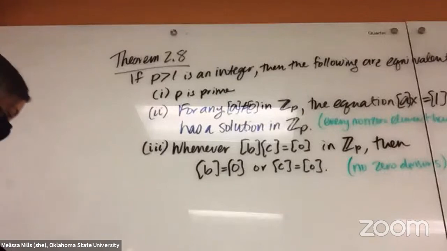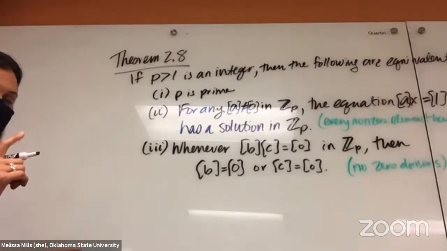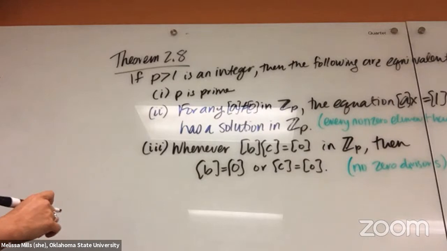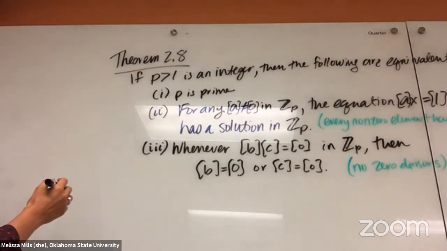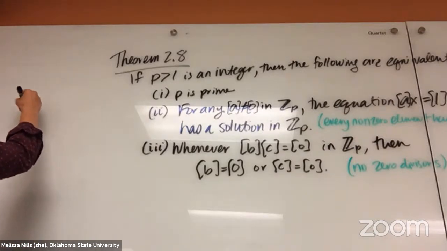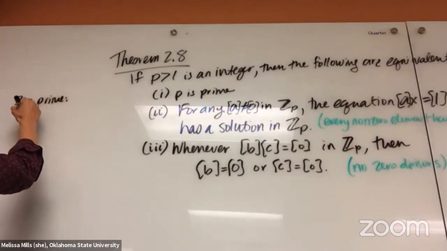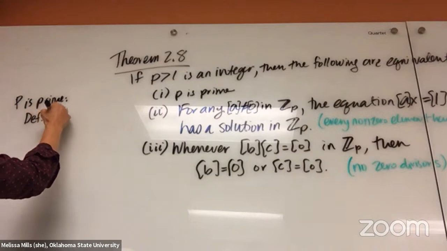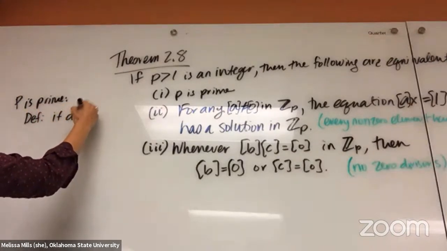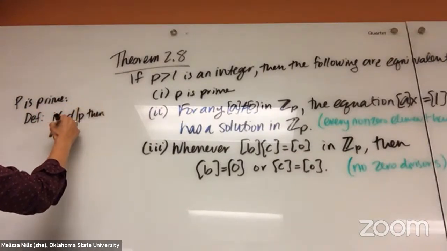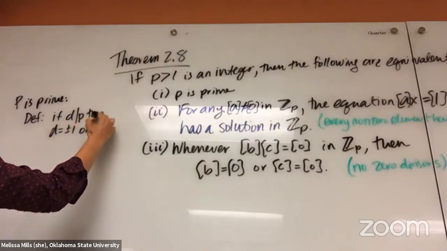So yeah, let's go. If p is prime, let's remind ourselves what we have if p is prime. We have a couple of things. We have the definition: if d divides p, then d equals plus or minus 1 or plus or minus p.